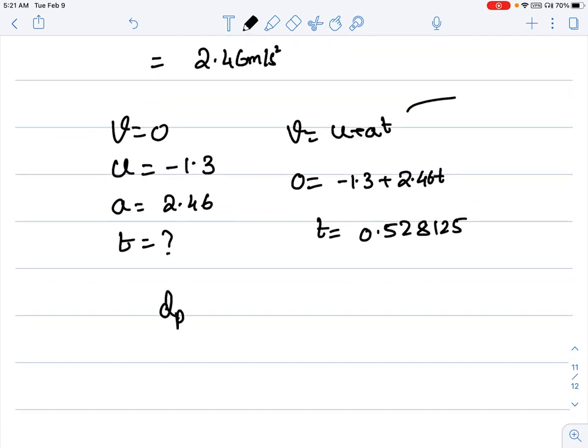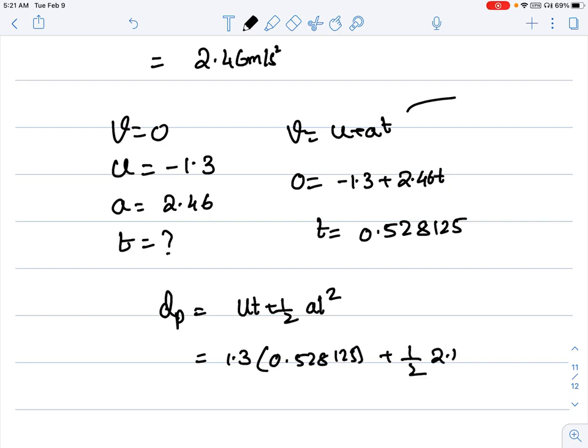So distance traveled by P is s is equal to ut plus half at square. u is 1.3. For P it is positive 1.3. t is 0.528125 plus half times a, which is 2.46, times 0.528125 whole square. This is the distance traveled by P. So when I simplify it, I quickly take the calculator, and it's a long calculation.